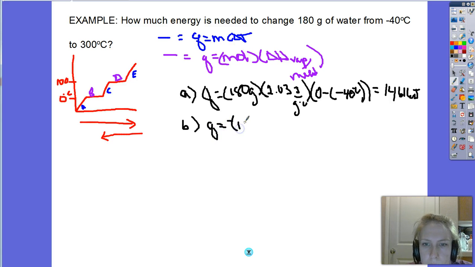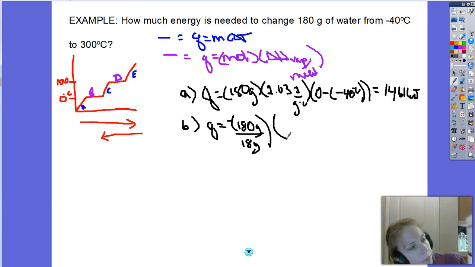So since this is melting, there's no temperature change. We're going to take our 180 grams, and if I divide by the molar mass of water, which is 18, that's going to give me moles, times the molar heat of melting. So I'm going to look for the melting one, since that's what we're doing in this phase.